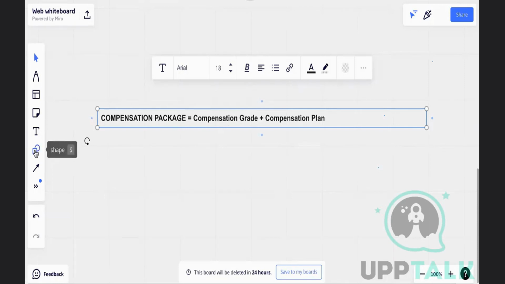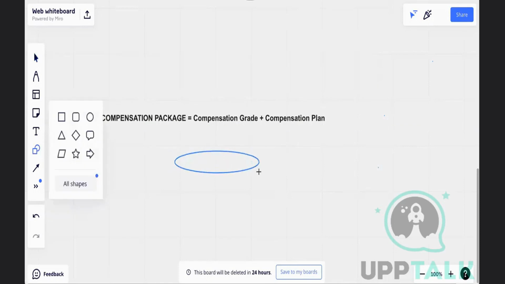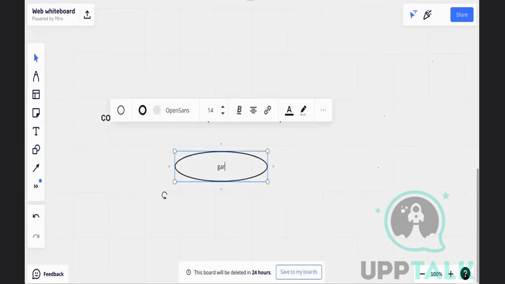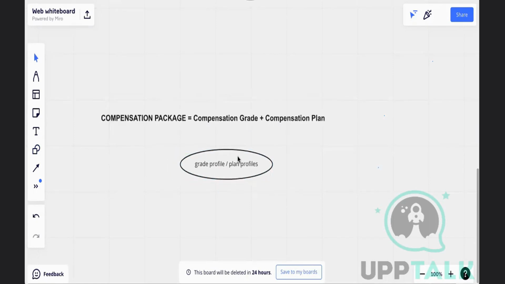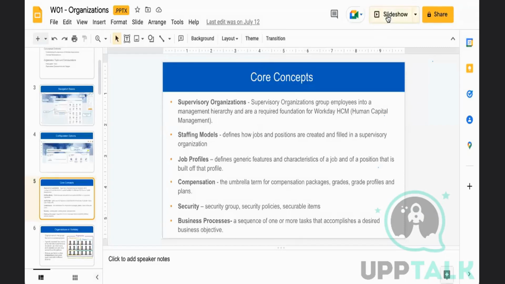Compensation grades are further divided into something called grade profiles or plan profiles. You can make a note of this on the side of this topic, in parentheses or anything, so that you will relate when we come to this topic. A lot of the rest we'll talk about in the dedicated session.